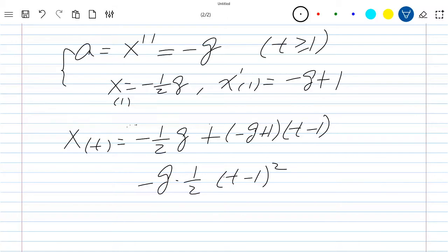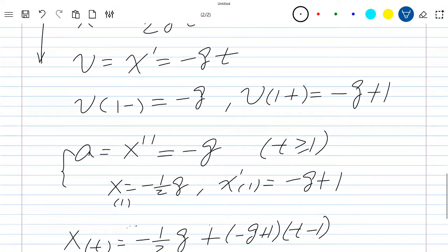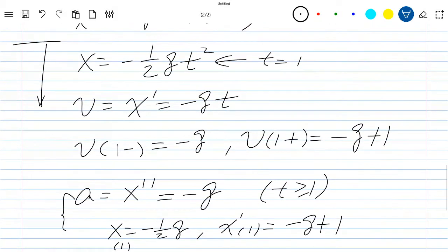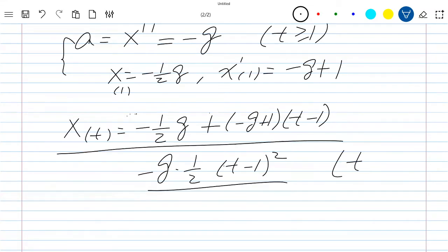Alright, so that's what you will get if you do it directly. You will get the solution is like this for t between 0 and 1. Then after that, this is your solution. Okay, this is for t greater than or equal to 1.